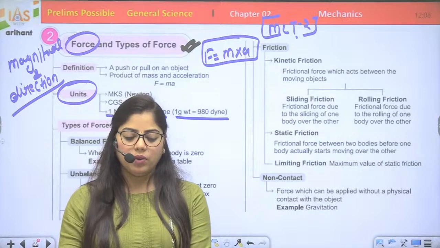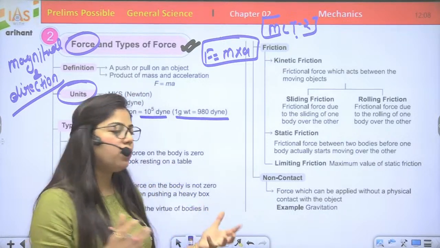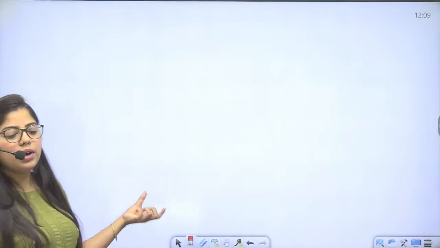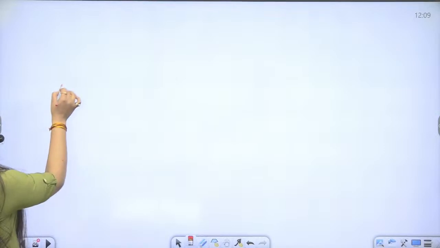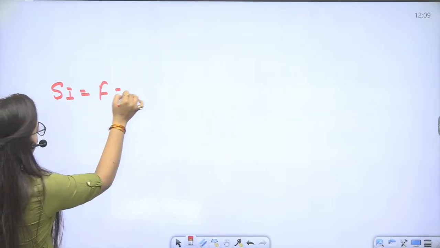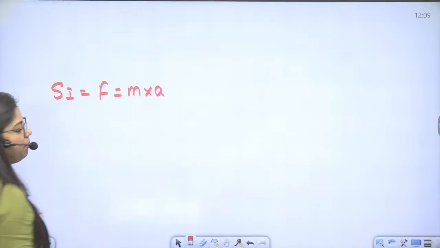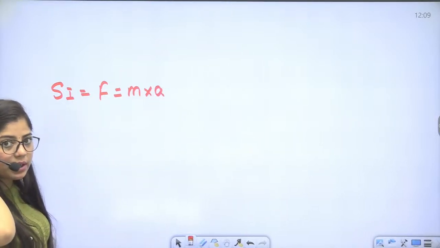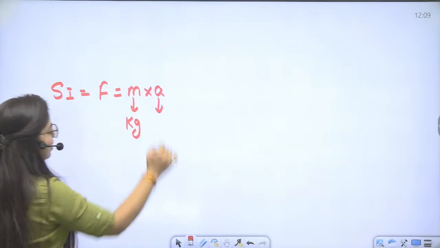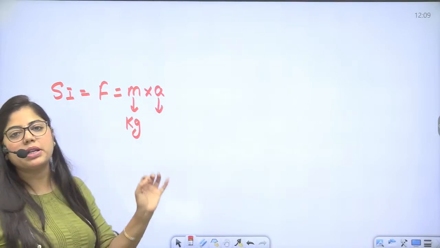So now how can you calculate the units? See, SI unit of force: F is equal to M into A, mass into acceleration. Mass unit is kilogram and acceleration unit is meter per second square.